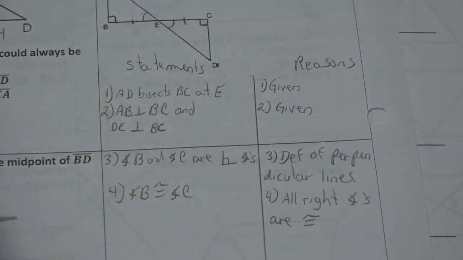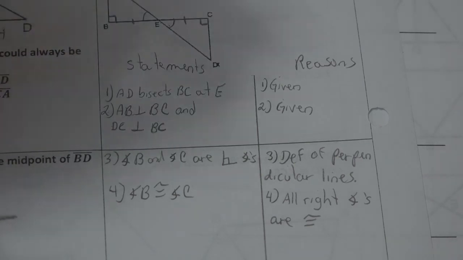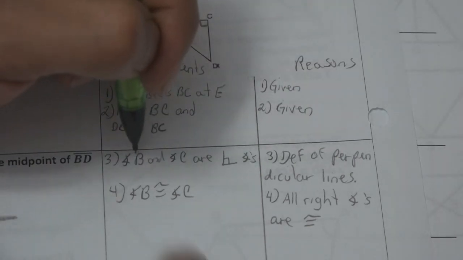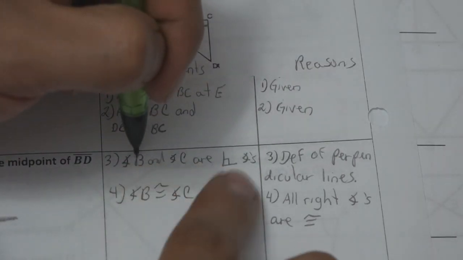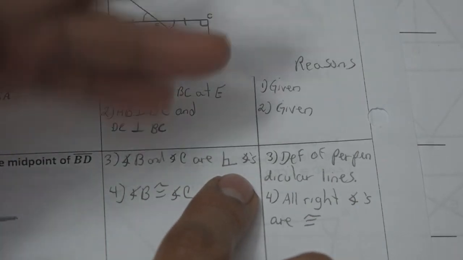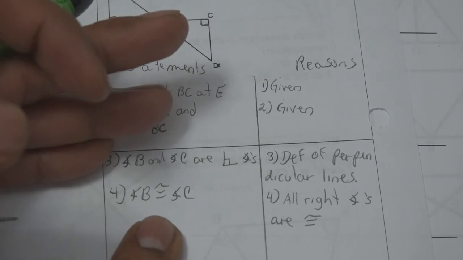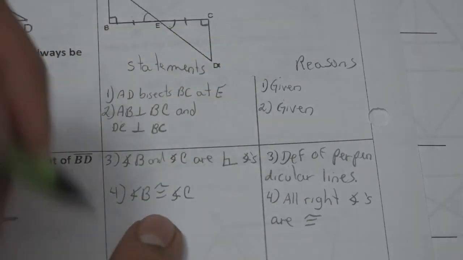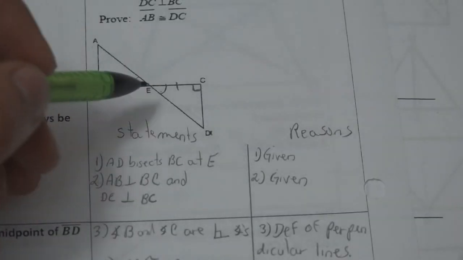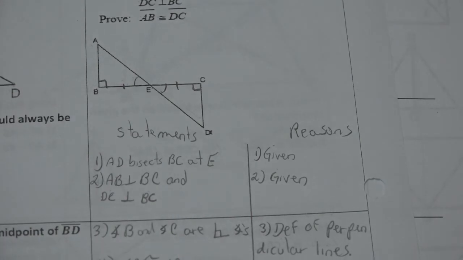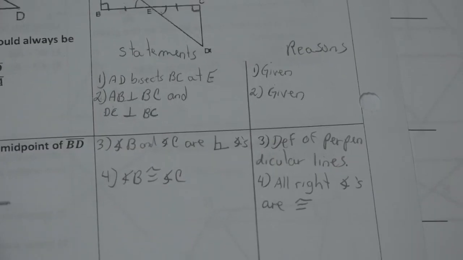That has to be true because they all measure 90 degrees. But what I'm trying to make you understand is that after you say that two angles are right angles, the statement that follows is that they are congruent, always. Because if you go on to something else, like I was going with the vertical angles, you forget about it, and then you won't be able to prove them congruent.